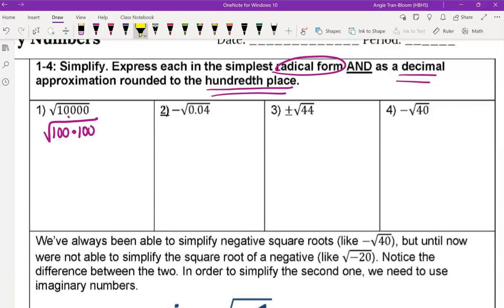The reason I know is because we have 4 zeros here, and 100 times 100 will give us that. Okay, 2 identical numbers, that's going to come out to be 100. So box that up. We don't need a calculator because this was able to simplify perfectly.